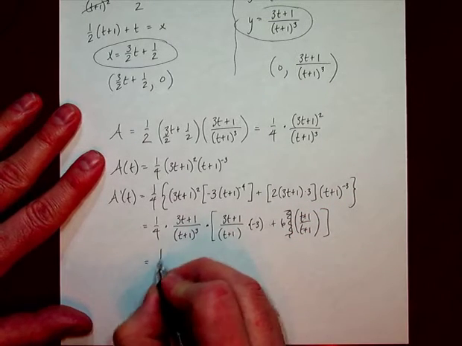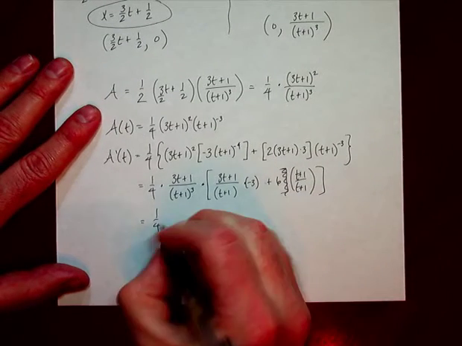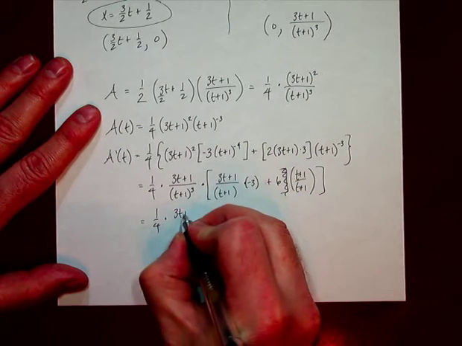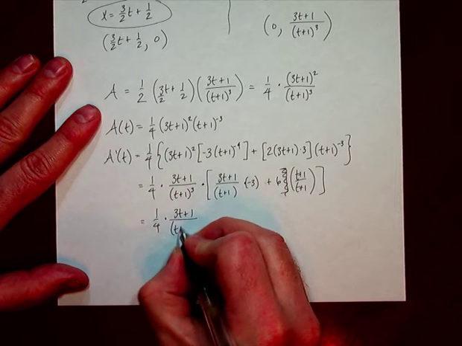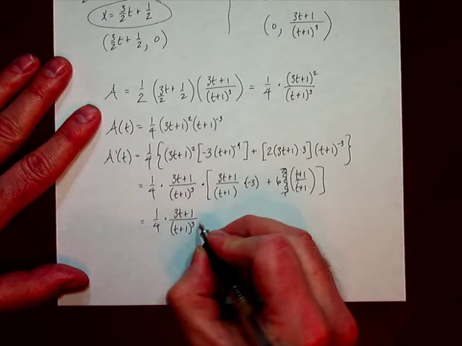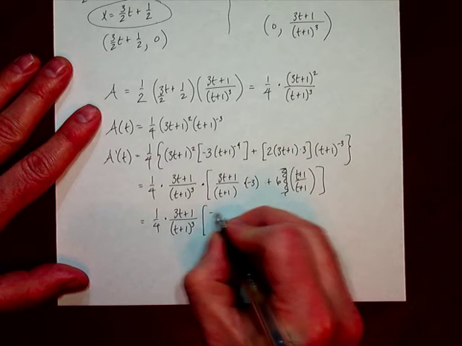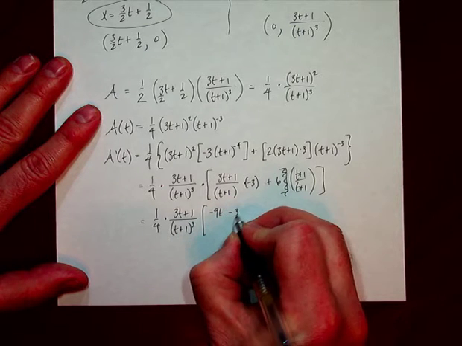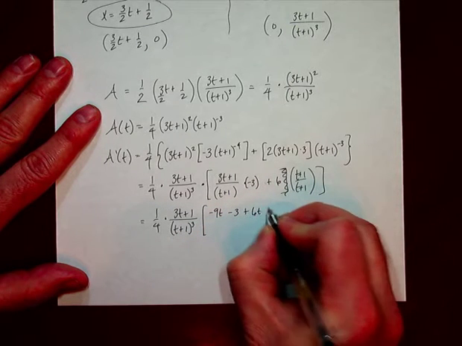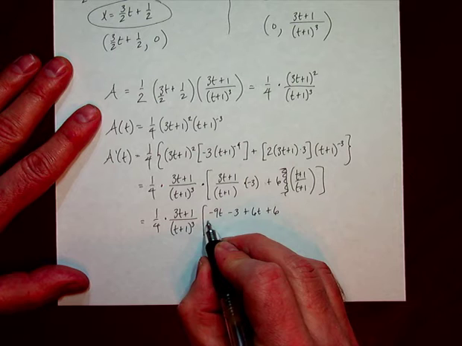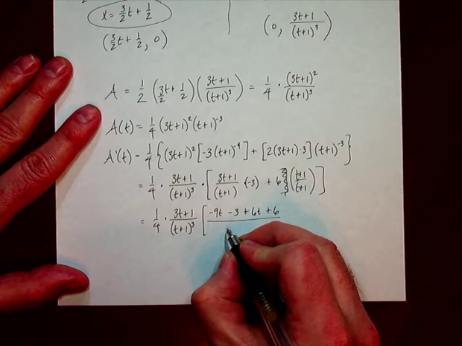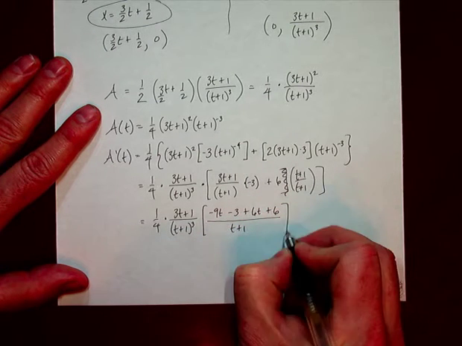And let's do another round of simplification. This winds up being negative 9t minus 3 plus 6t plus 6, all of that over t plus 1.